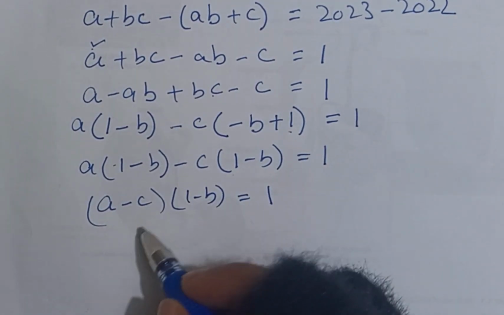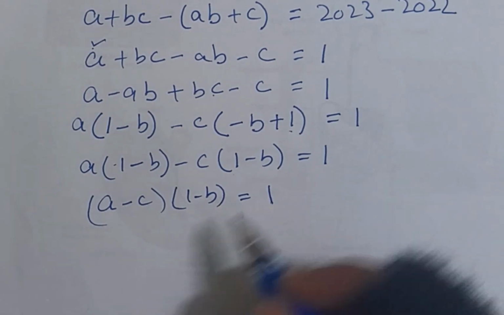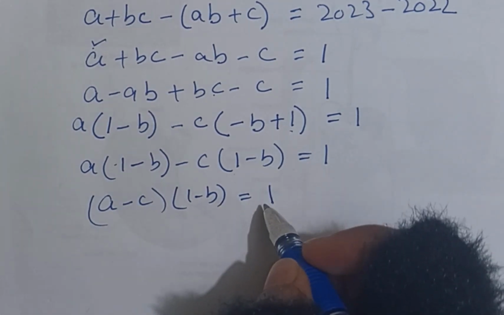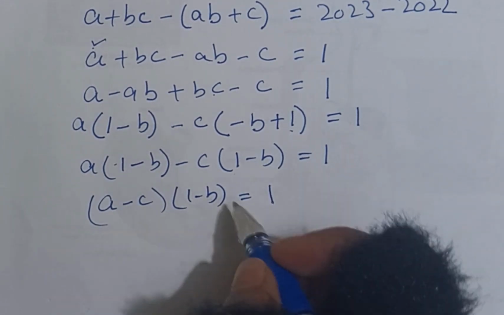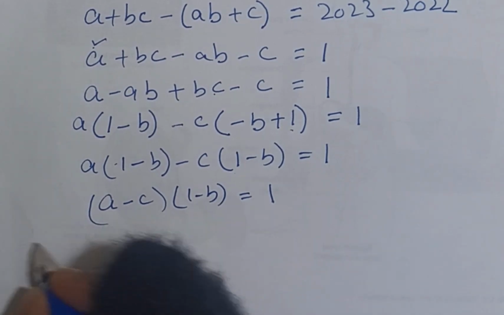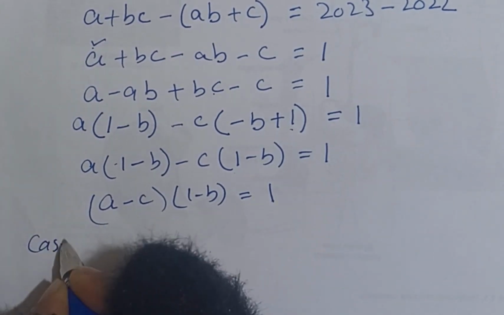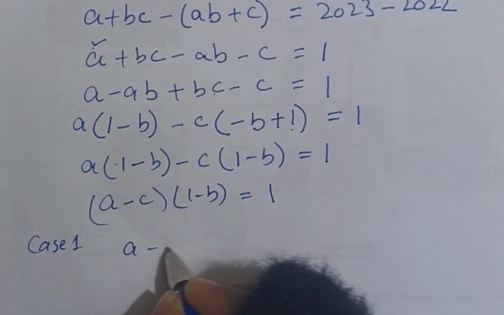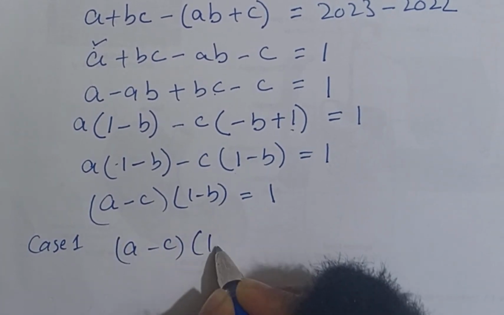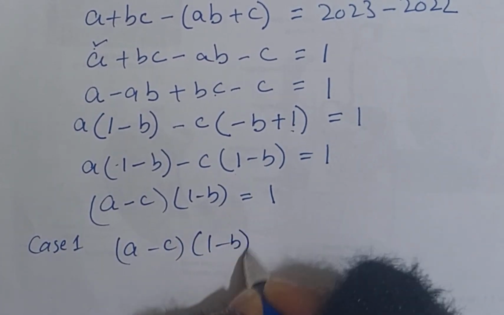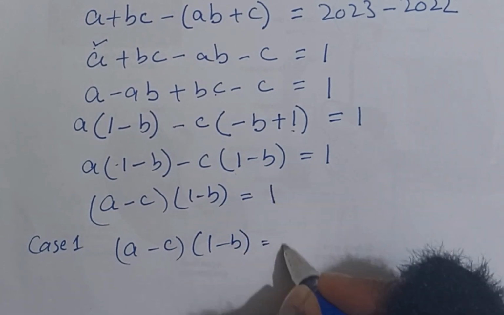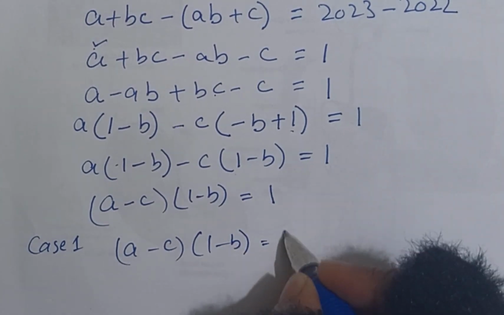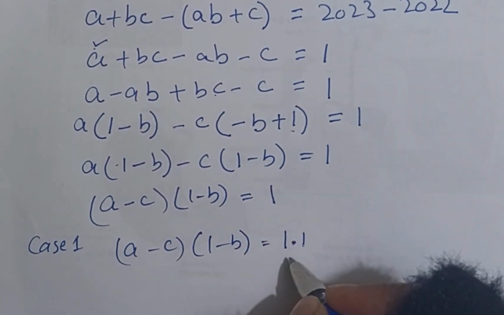In our question, we find the value of A, B and C in integer form. So here we can split this problem into two cases. The first case: A minus C multiplied by 1 minus B. We can write 1 in integer form as 1 multiplied by 1, equal to 1.